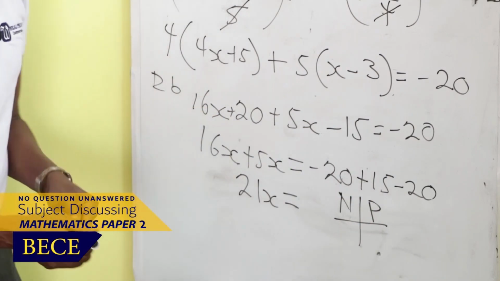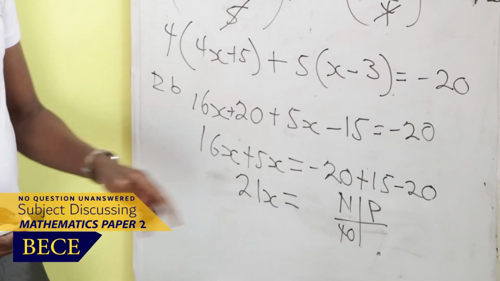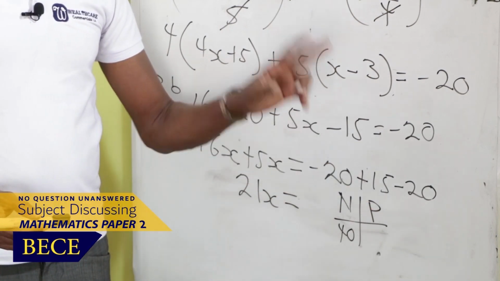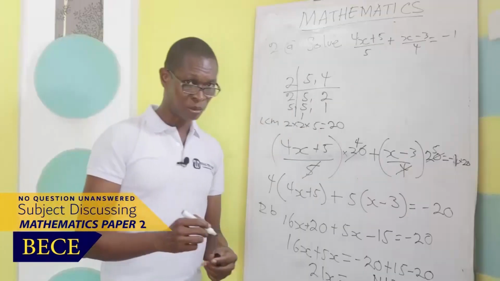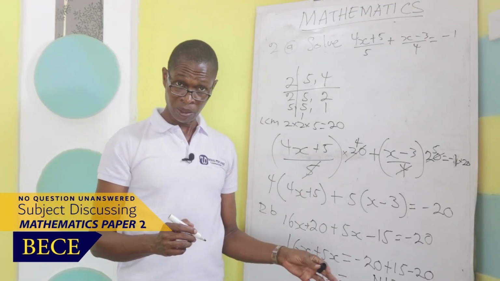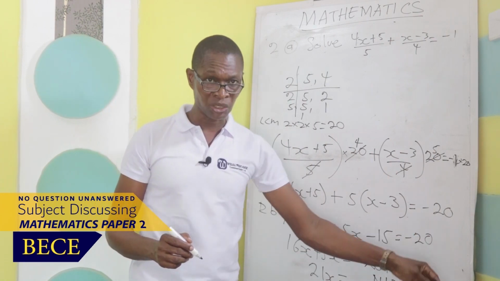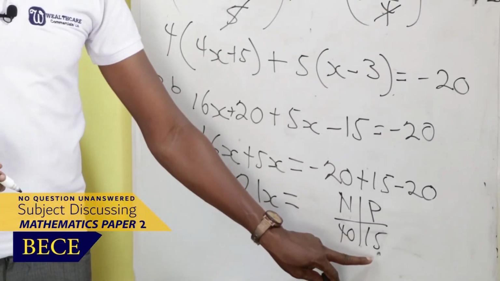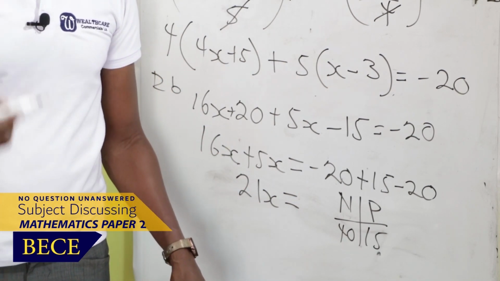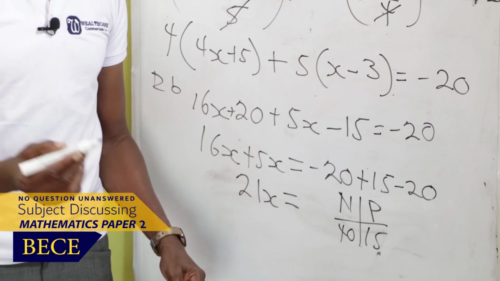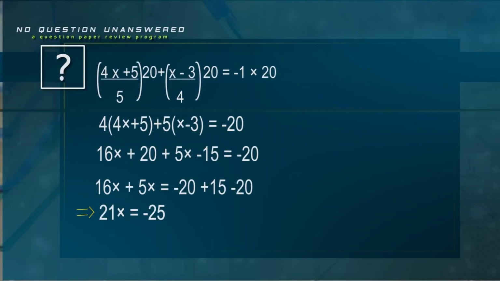So in all, you have a total of 40 negatives. The positives, 15. Which one is more? Of course, you agree with me, it is the negative. And how much more is it than the positive? 40 is more than 15 by how much? Of course, you agree with me it is 25. Clarify yourselves. So meaning your answer is a negative 25.